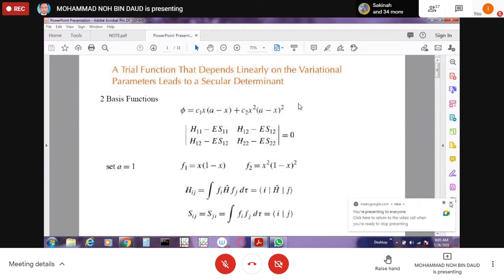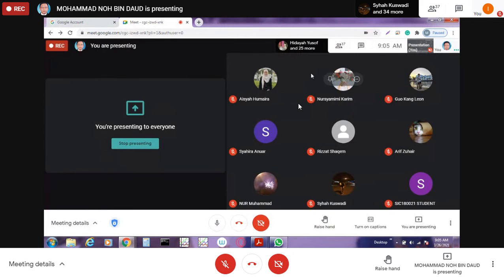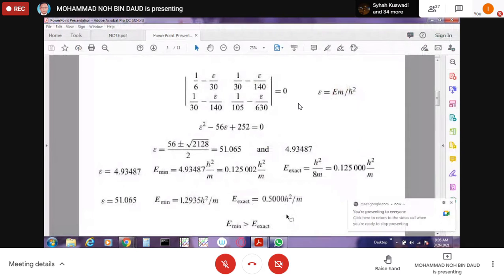We have seen in our last lecture, when we use two basis functions, we obtain the ground state energy, the lowest energy, and the first excited state energy, which is the second lowest energy.